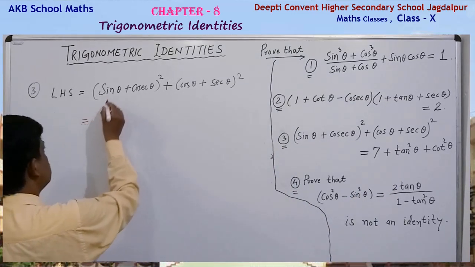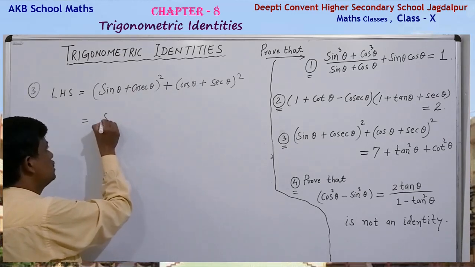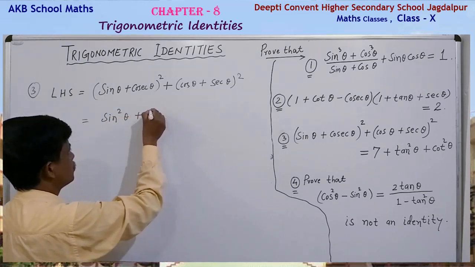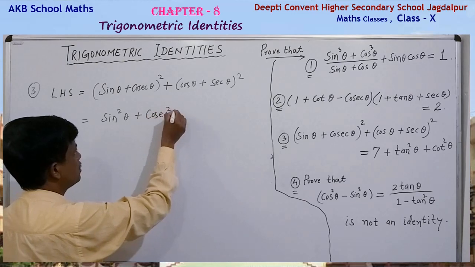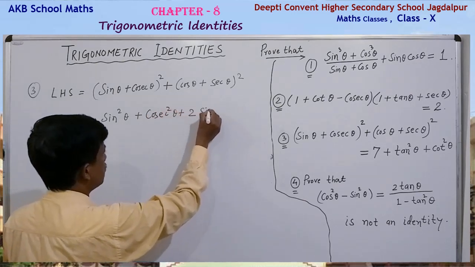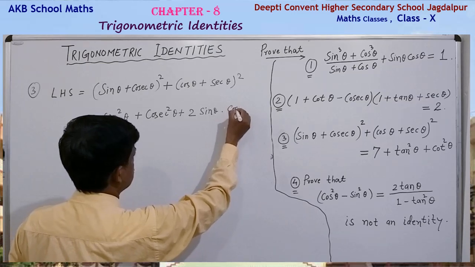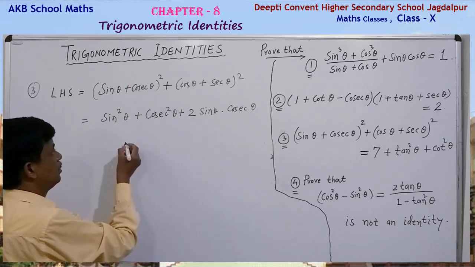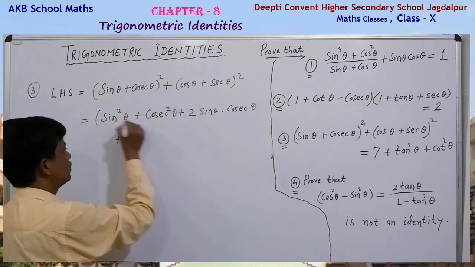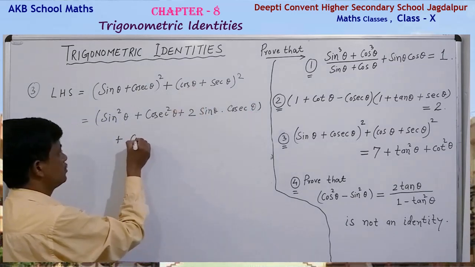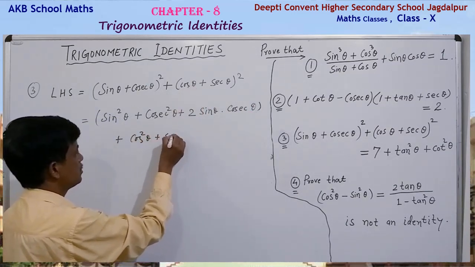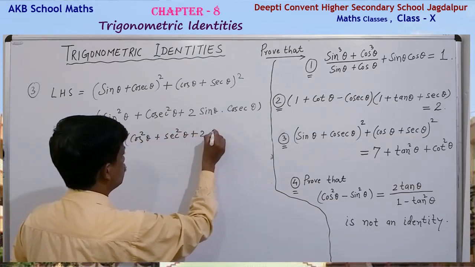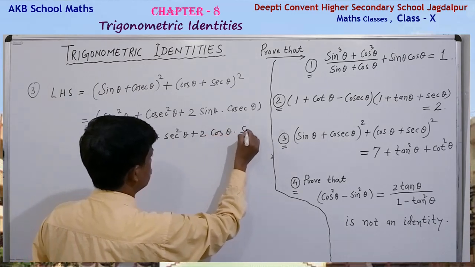So start with a plus b whole square: sin square theta plus cosec square theta plus 2 sin theta into cosec theta, plus cos square theta plus sec square theta plus 2 cos theta into sec theta.